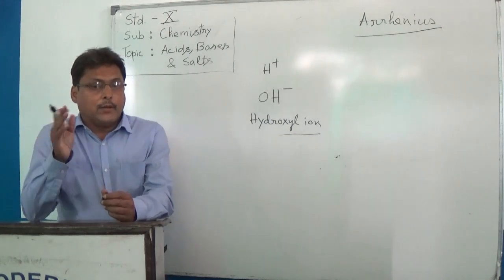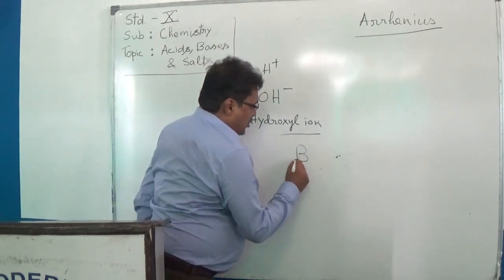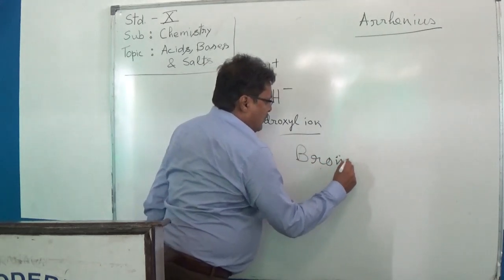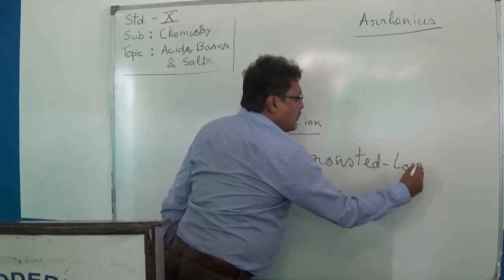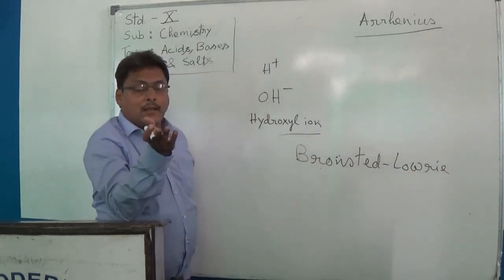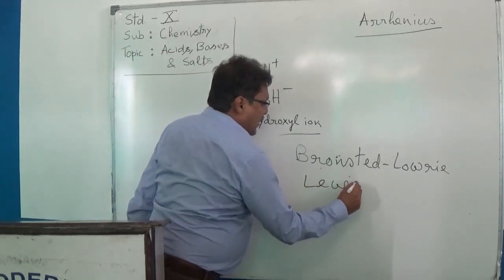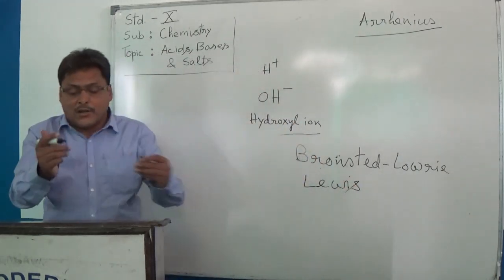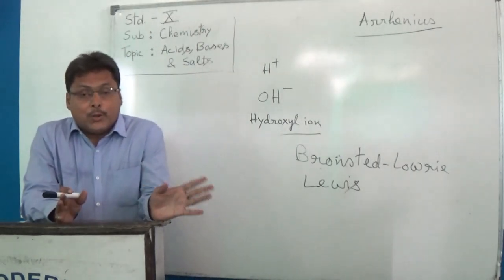We have other theories about these, like say the Bronsted and Lowry theory of acids and bases, or we have Lewis acids and bases, etc. We will not learn in detail about these theories in this class.